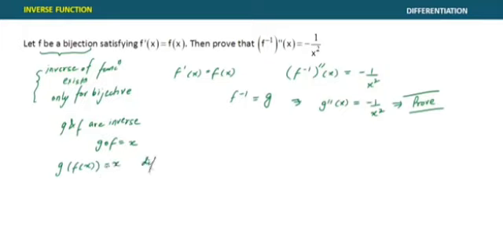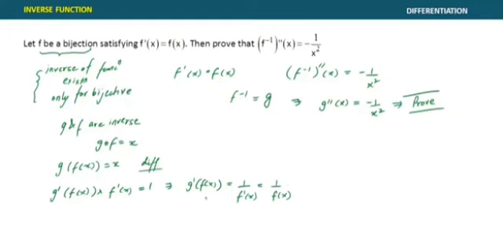What it will become: g dash fx into f dash x is equal to 1, right? And if you solve this, this becomes g dash fx is equal to 1 by f dash x, and since I know that f dash x is 1 by fx, I can easily say this.